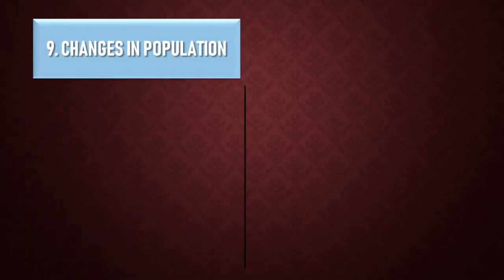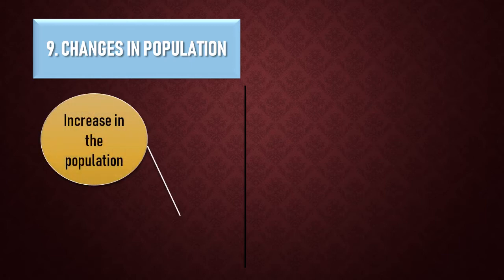Another point is changes in the population. You know very well India's population is 135 crore right now. And if you want to start any business, it will grow because of the population. Because if there is a high rate of population in the country, then people would love to buy because there is a lot of opportunity to grow.